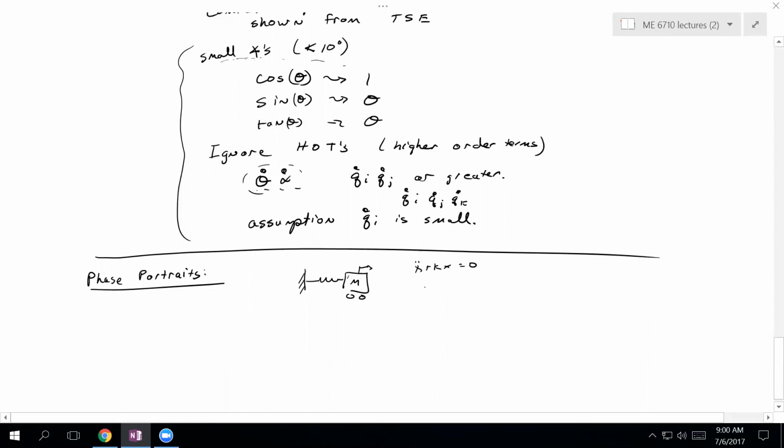So my solution becomes, just from above, x equals some amplitude A times the cosine of omega t plus phi. My real part is 0.